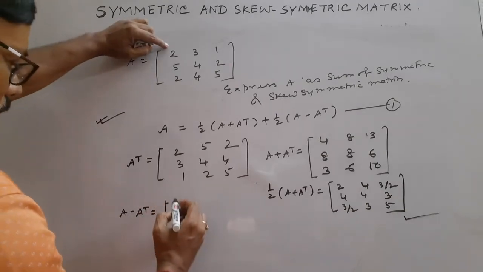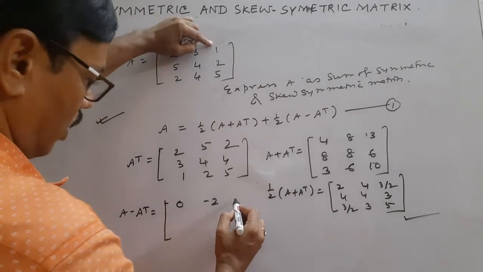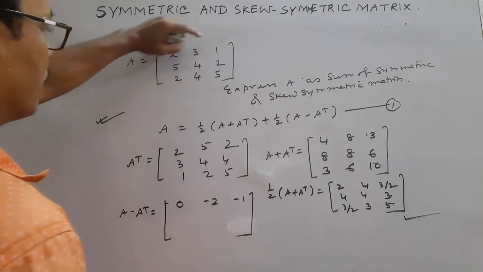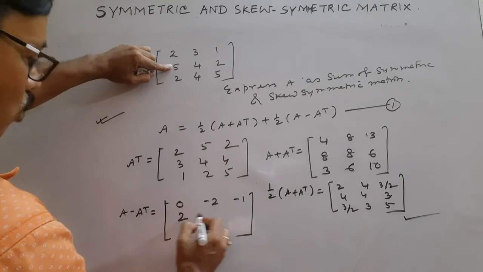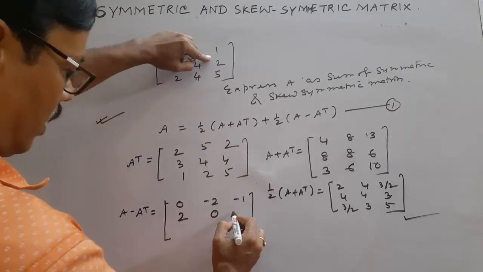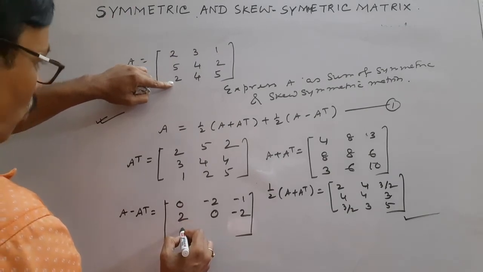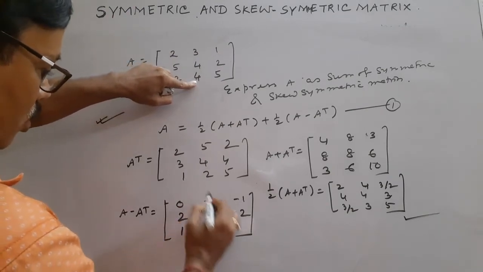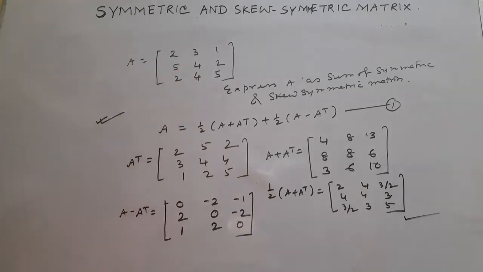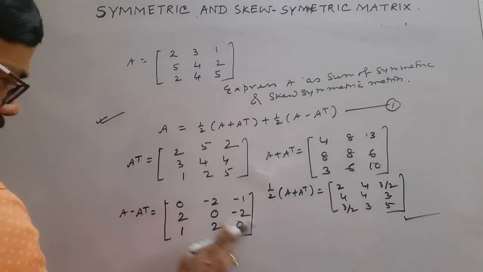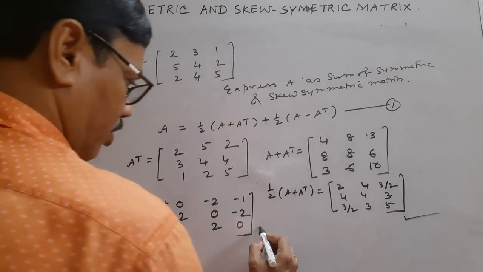Subtraction: 2 minus 2, 0. 3 minus 5, minus 2. 1 minus 2, minus 1. 5 minus 3, 2. 4 minus 4, 0. 2 minus 4, minus 2. 2 minus 1, 1. 4 minus 2, 2. 5 minus 5, 0. So look, the diagonal is 0. This is different from the symmetric one.